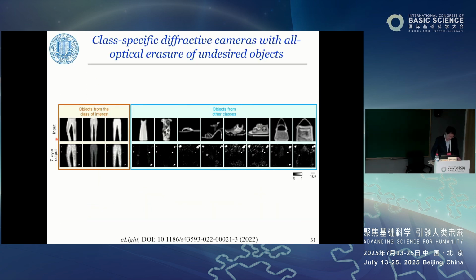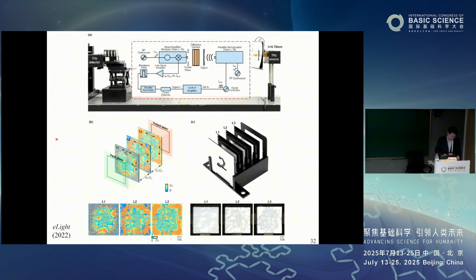So far, we have shown the utilization of diffractive neural networks for imaging through both known and unknown diffusers at the speed of light, demonstrated with robustness, generalization, and low power consumption, without the requirement of electronic computing during inference. And diffractive networks can actually be trained for other functionalities in visual computing, for example, class-specific diffractive cameras.